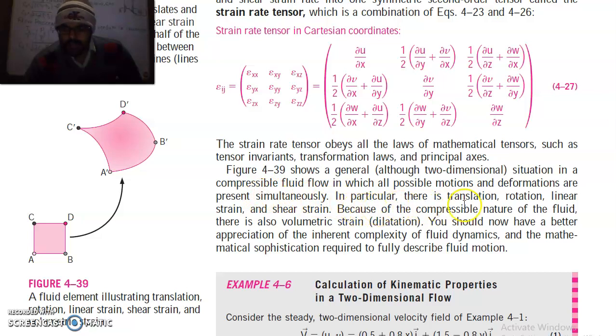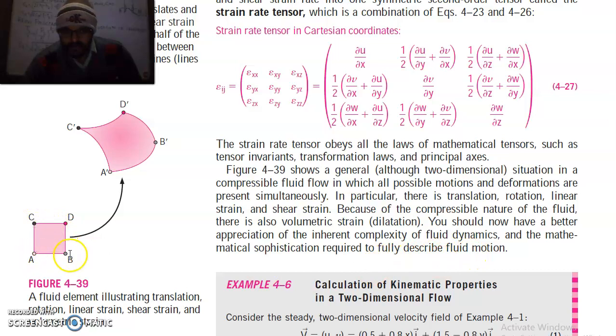In particular, there is translation, rotation, linear strain and shear strain. Because of the compressible nature of the fluid, there is also volumetric strain. You should now have a better appreciation of the inherent complexity of fluid dynamics and the mathematical sophistication required to fully describe the fluid motion.